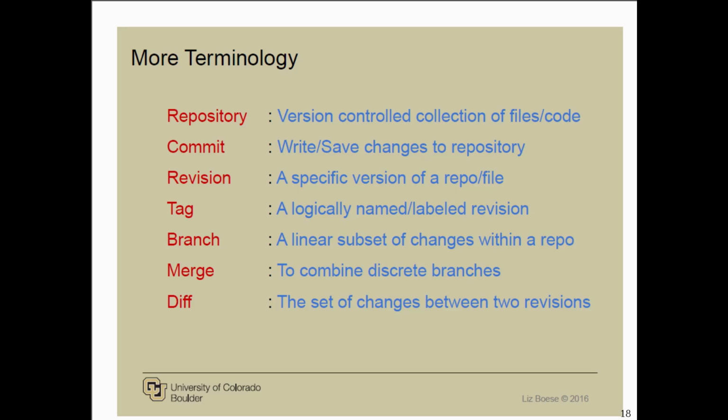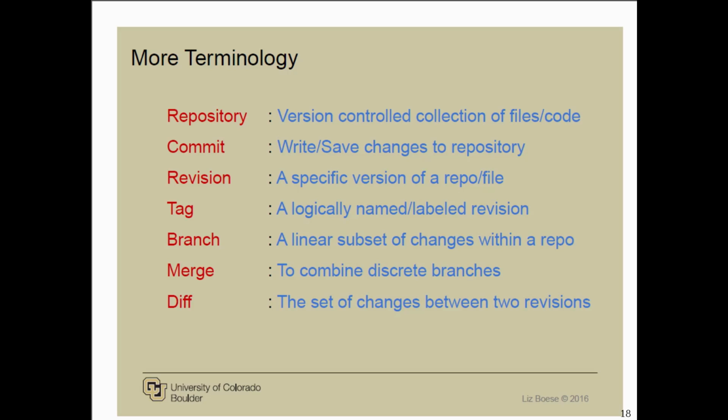We have a tag, which is a logically named and labeled revision. So revision is more of just every commit. So you can go back to any commit that you've made, and that will be some revision of the code. But a tag is actually like a version. So a lot of times people tag their releases, so that you can jump back to a logical release.